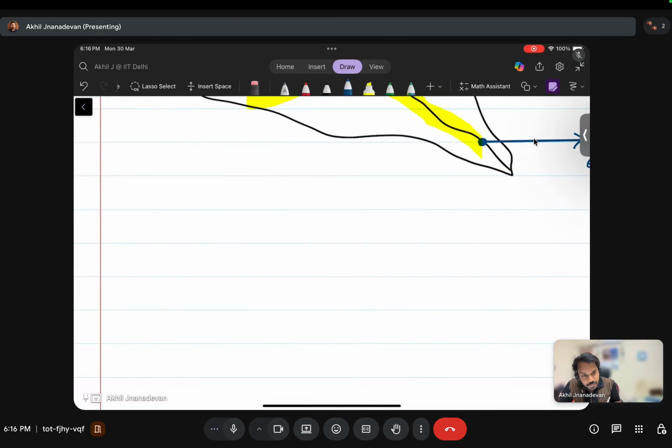So there are two types of routing. One is hydrologic routing and the other is hydraulic routing, right?